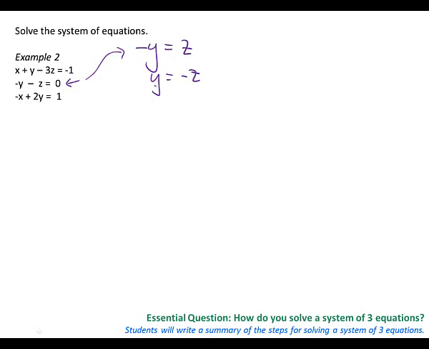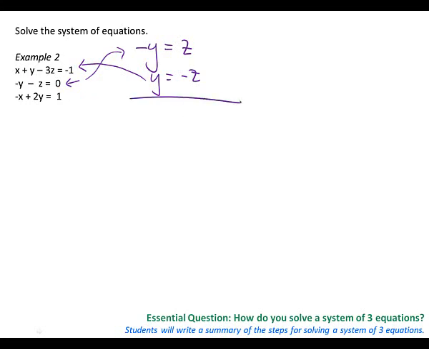I am now going to take this, and I'm going to plug it into this function here, because that will get me down to 2 variables and 2 equations.